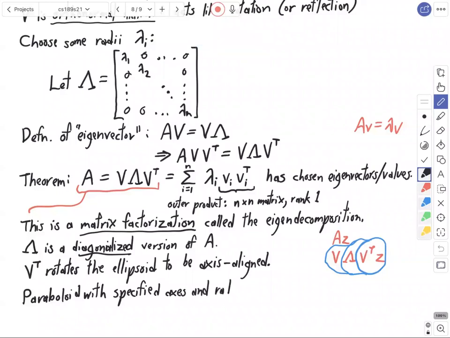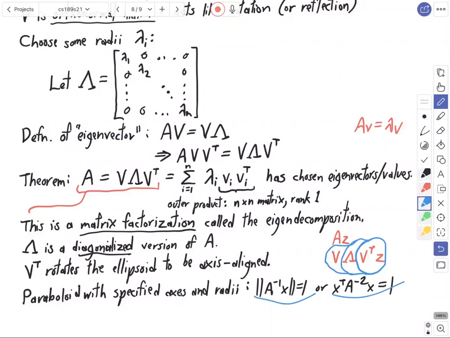I take the isocontour of this function, the quadratic form of A to the minus 2. These are two different ways of writing the same function, so this and this are equivalent. This completes our task where we wanted to specify a paraboloid whose isosurfaces are ellipsoids with specified axes and radii. That's how you do it. Any questions about that?